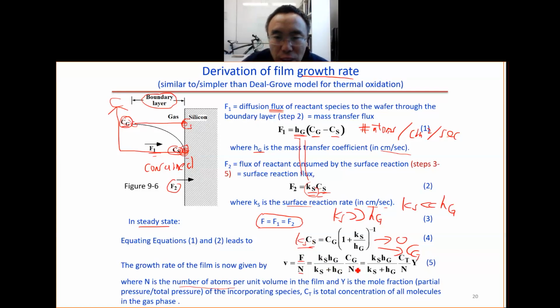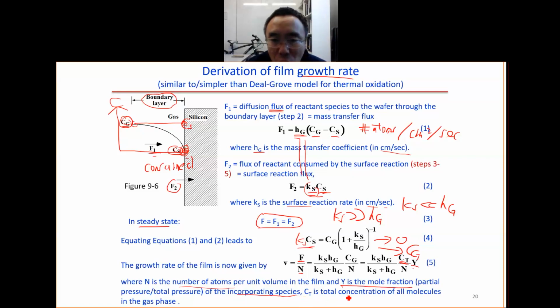When the gas is diluted, Cg becomes the total gas concentration times the mole fraction. Y is the mole fraction of the incorporating species.